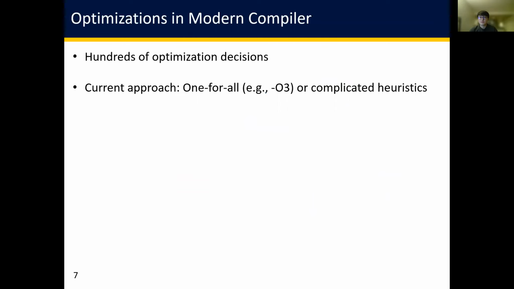As a major component of this complicated system, modern compilers apply hundreds of optimizations to deliver efficient execution to users. The most common approach in applying those optimizations is the one-for-all approach, such as standard optimization levels for GCC and LLVM.